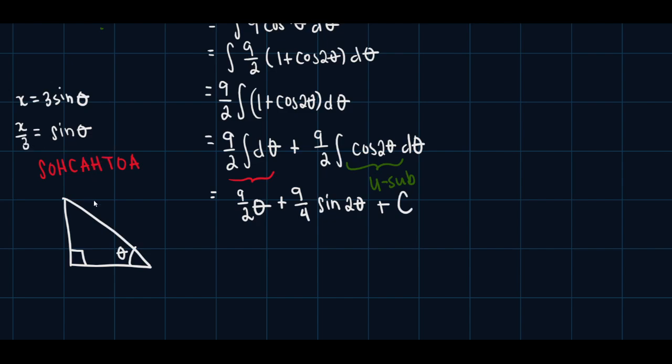So, x over 3, that is opposite over hypotenuse. Okay? Opposite over hypotenuse. And then, we can solve for the remaining side by applying the Pythagorean theorem. So, applying the Pythagorean theorem, this is the square root of 9 minus x squared.